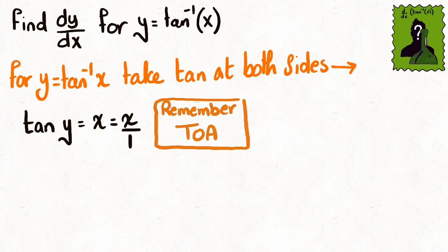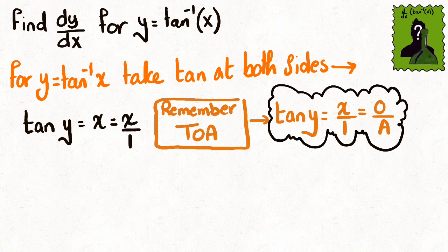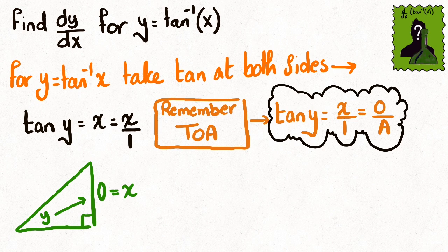Thus I will create now a right angle triangle where I have the angle y, and angle y has an opposite of the value x and adjacent of the value 1. This is how I'm creating the right angle triangle, as you can see.